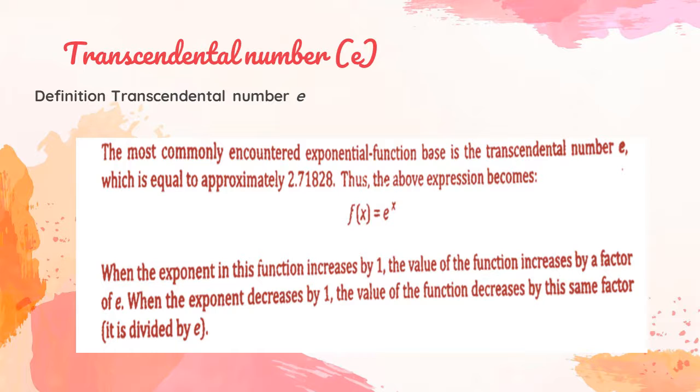Thus, the above expression becomes f of x is equal to e raised to x. When the exponent in this function increases by 1, the value of the function increases by a factor of e. When the exponent decreases by 1, the value of the function decreases by this same factor, that is, divided by e.